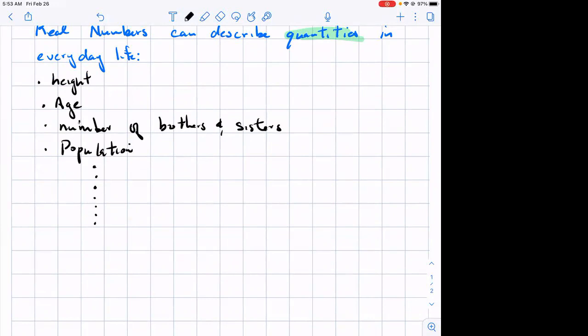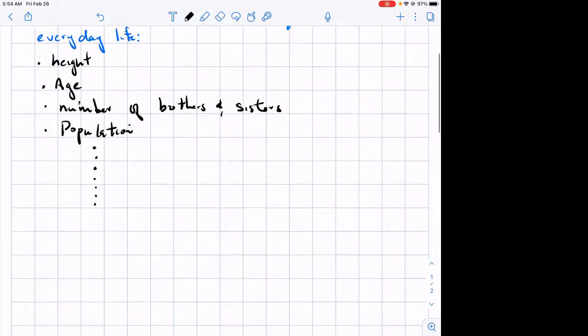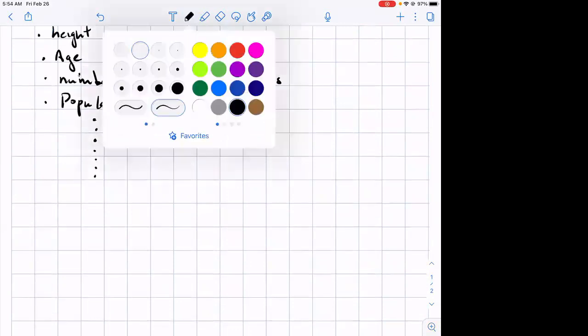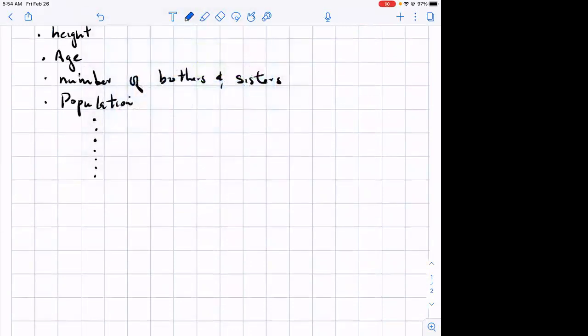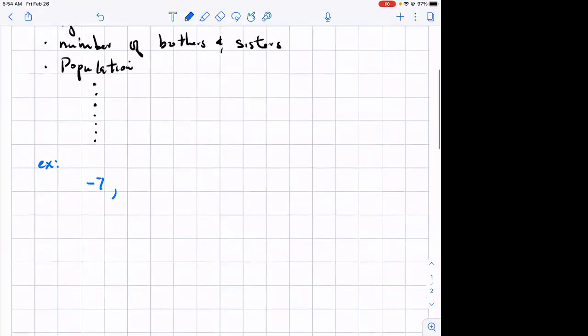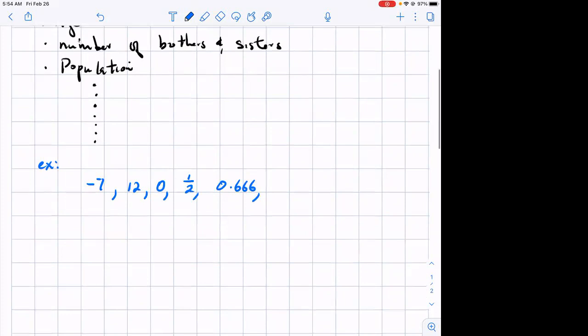Now, in terms of the numbers themselves, some examples would be -7, 12, 0, 1/2, 0.666, and this list goes on and on.